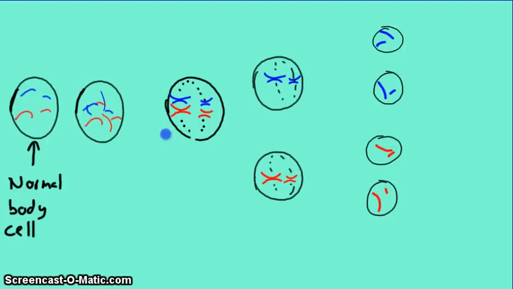And the first thing that happens, just like in mitosis, as part of the cell cycle, which meiosis is an example of, is DNA replication. Okay, and we have a copy of each chromosome made. So there's a copy of the long red one made, a copy of the long blue one, a copy of the short blue one, and so on.